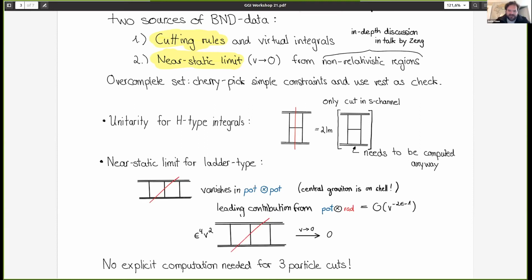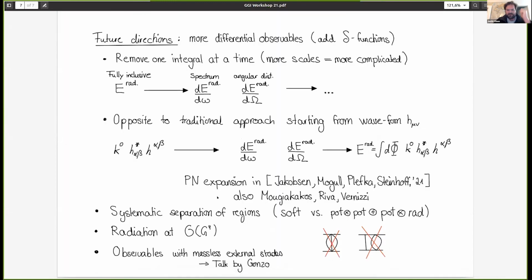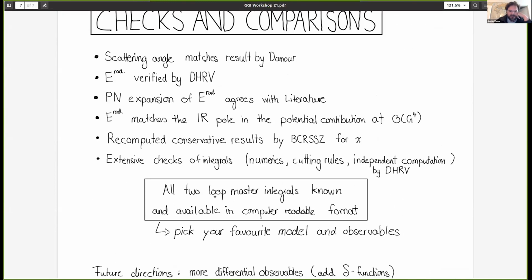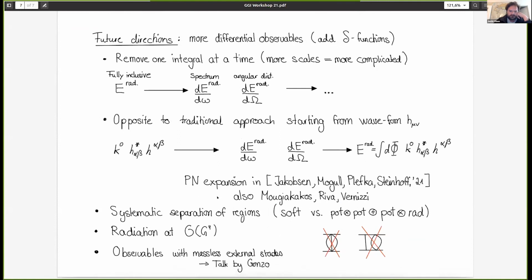So, Michael, on your last slide, you talked about first, I guess, observables with massless external states. You mean essentially the waveform? For example, yeah. I was just referring to Ricardo's talk.